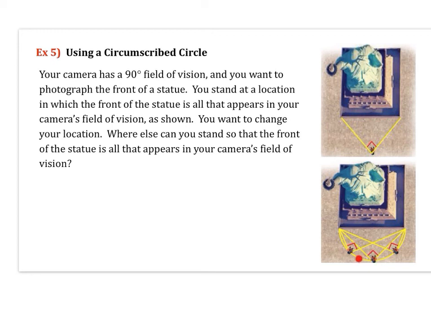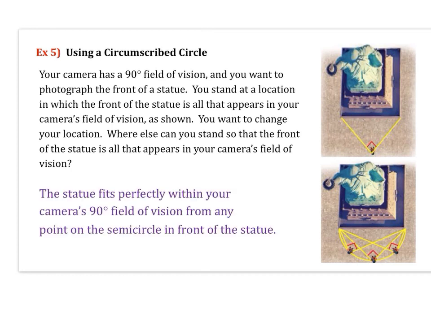So that means we could just move our right angle, inscribed angle, to a couple of different locations along that semicircle. Since all of these inscribed right angles have the same diameter, and remember, if a right triangle is inscribed in a circle, then the hypotenuse is the diameter of the circle. So our diameter is along the base edge of our statue. And our statue will fit perfectly within our camera's 90-degree field of vision from any of these points.